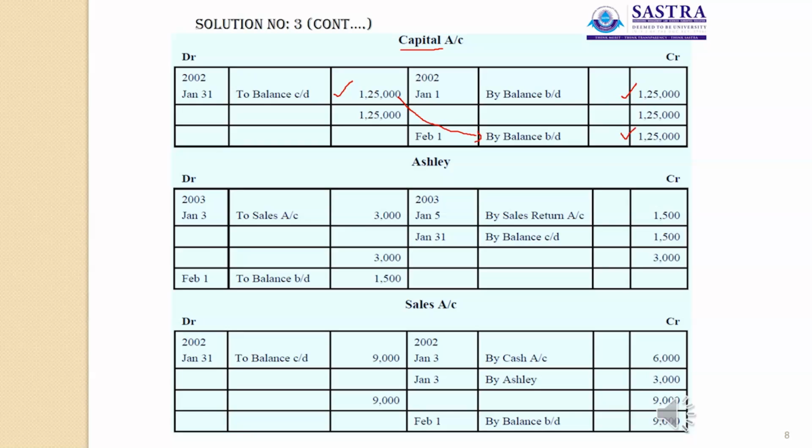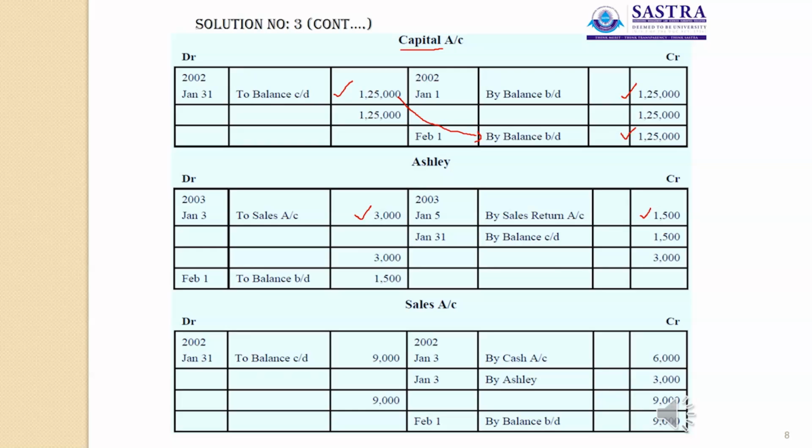Then the next account, Ashley account. Here January 3rd, goods sold to Ashley rupees 3,000. Then goods returned by Ashley rupees 1,500 on January 5th. There is no other transaction with Ashley.